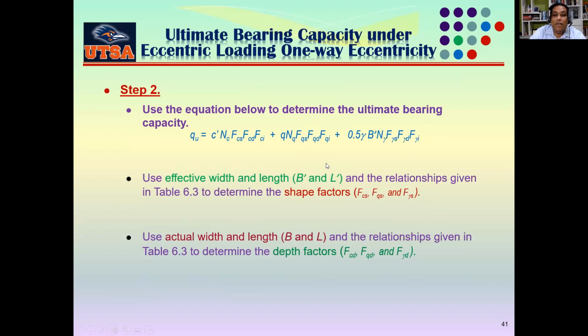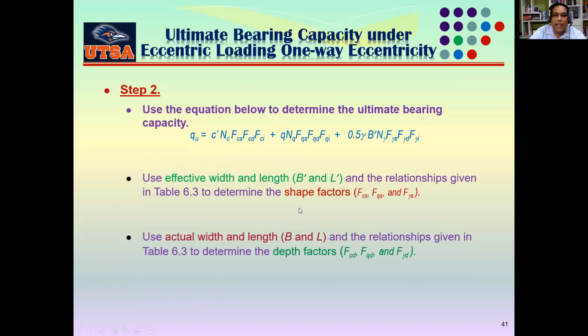But when you are going to find out your depth factors like FCD, FQD, and F gamma D, then basically you have to use the original or actual width and length of the foundation, okay?